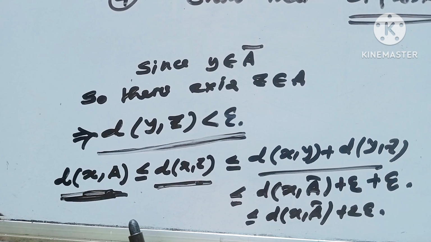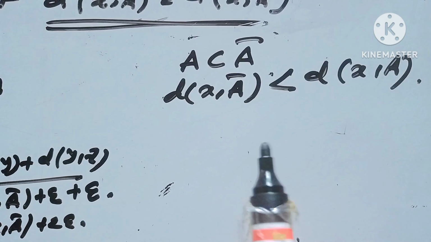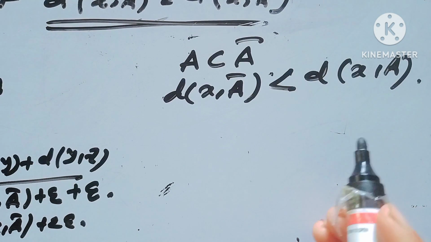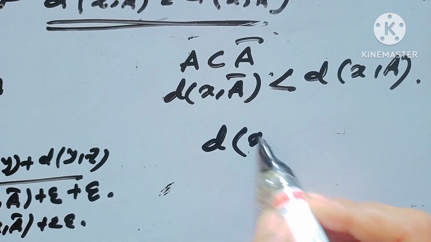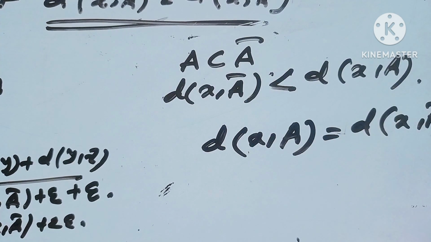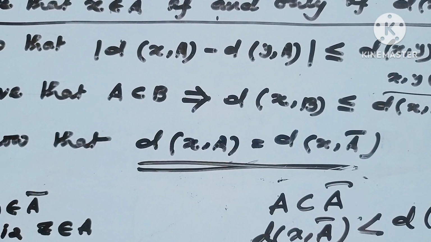Here I have got d of xA less than or equal to d of x A bar plus 2 epsilon. That means d of xA is less than or equal to d of x A bar. Also I have got d of x A bar less than or equal to d of xA. So by these two inequalities, d of xA equals d of x A bar. I hope all my viewers have understood, okay.